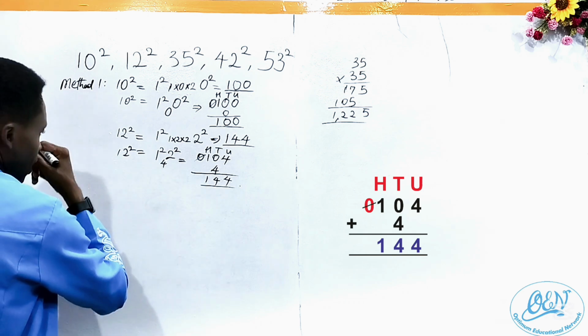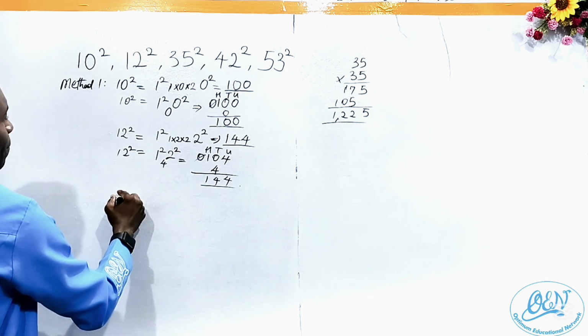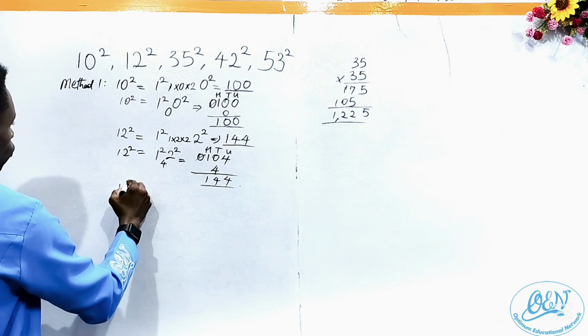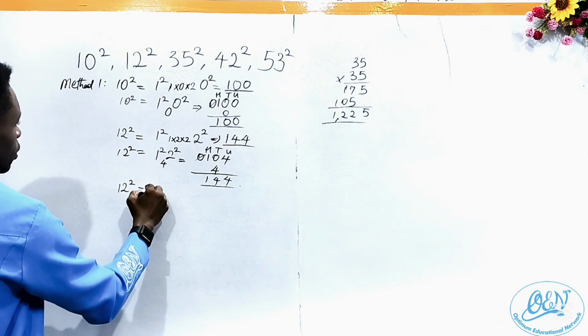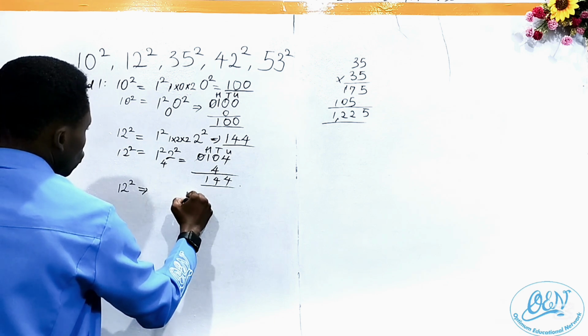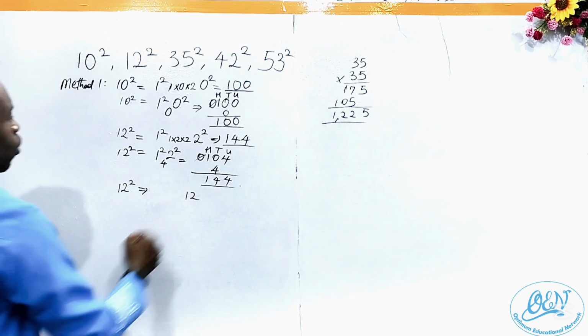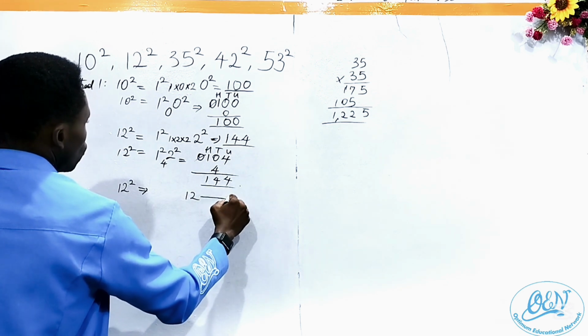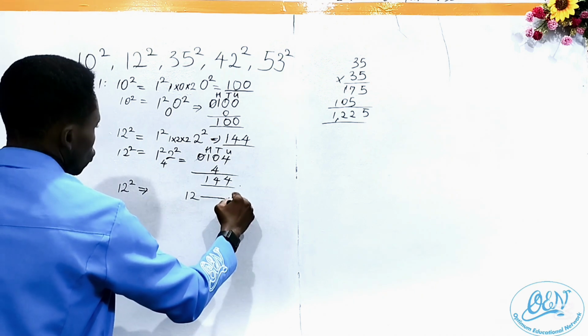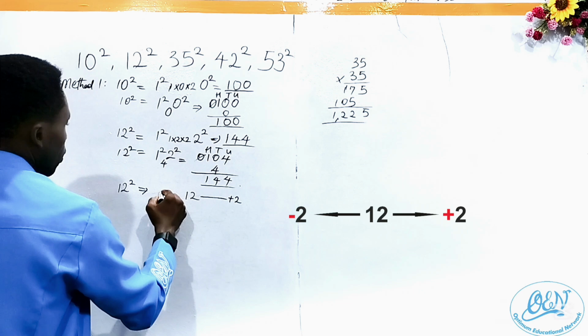So in this method now, you can decide to write 12 squared. You can put the 12 like something on a number line. So have minus 2, plus 2 here.